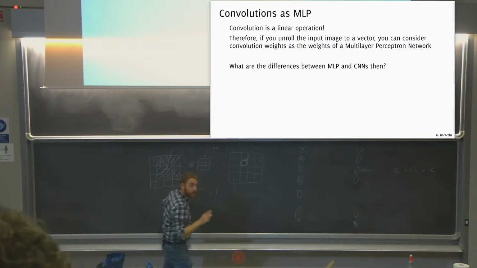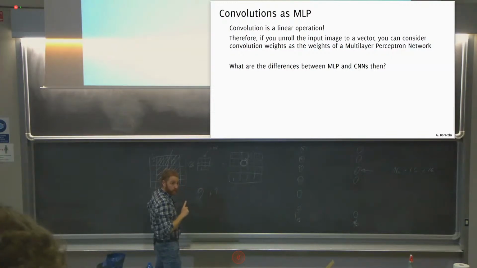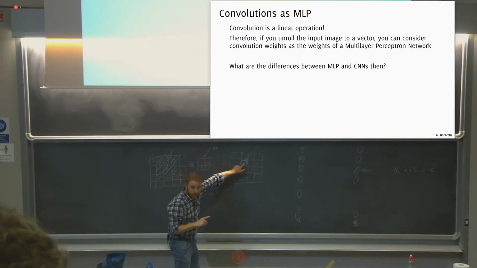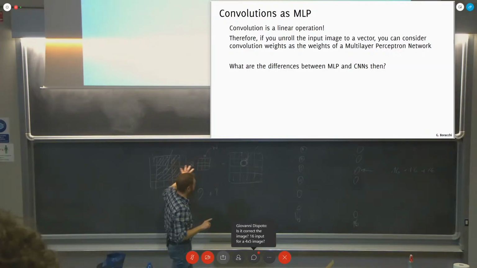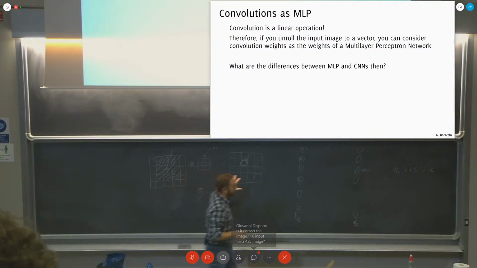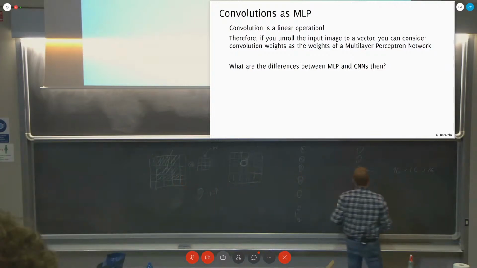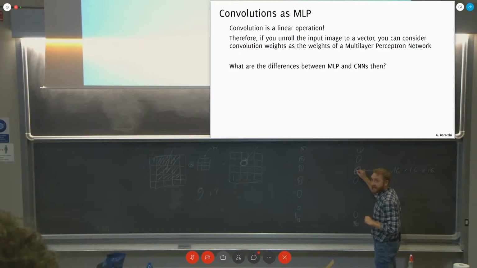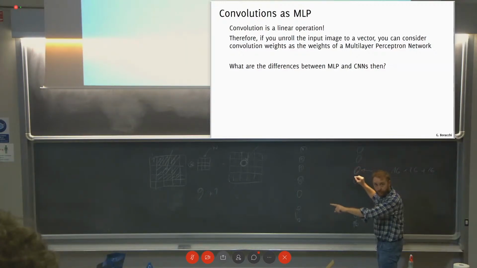Yeah, no, I'm talking about the inputs. Which inputs are contributing to define the output here? Then they use these weights plus the bias. But now I'm talking about what are the connections between this guy and the input.